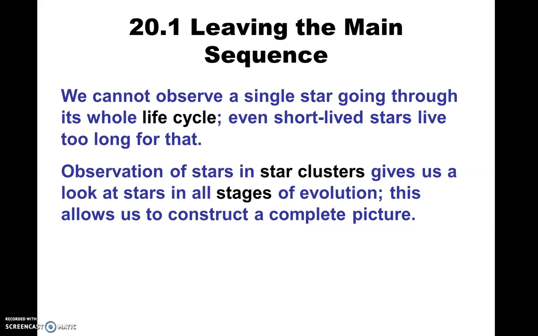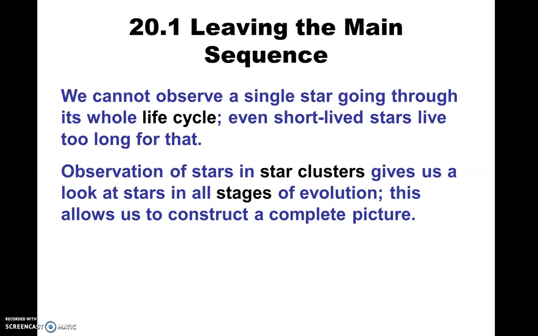That's just not possible, right? Because with really massive stars you're talking hundreds of millions of years to completely go through their life cycle. For lower mass stars like the sun, or even lower mass, you're talking billions of years to tens of billions of years, and the really low mass stars, trillions of years, right? So there's no way.